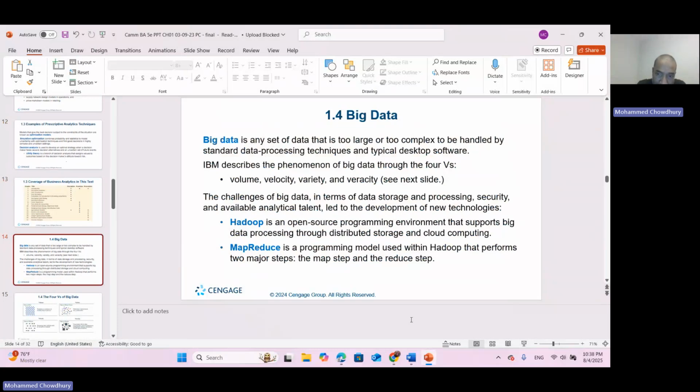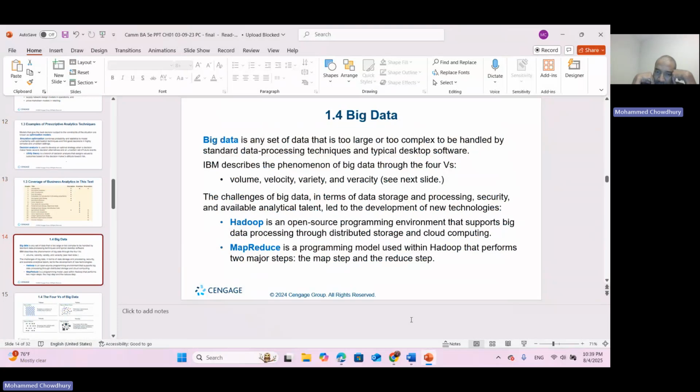So Hadoop was developed, and Hadoop is an open source programming environment that supports big data processing through distributed storage and cloud computing. Distributed storage means the data is distributed across several facilities, for example the first 1 million rows in one storage, the second 1 million rows in another storage, something like that.